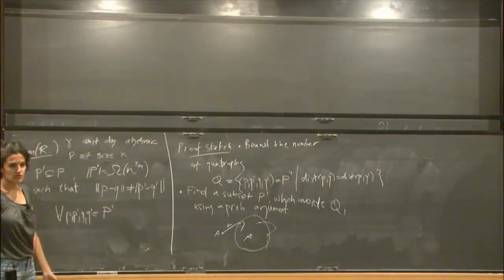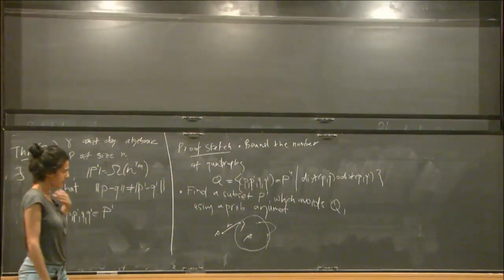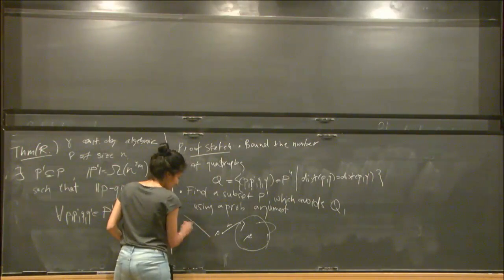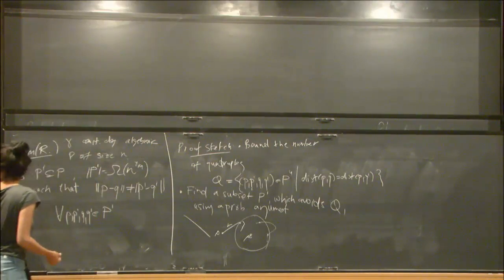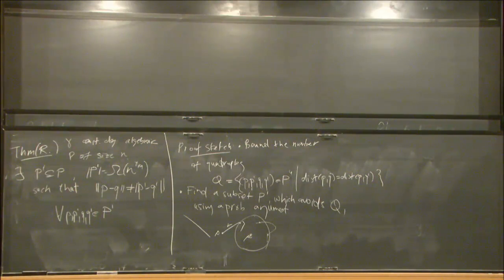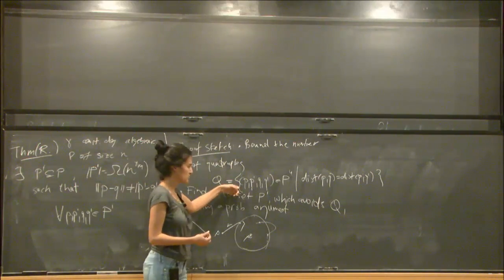But another thing we should note is that if, for example, gamma is a line, for example the x-axis, then it's exactly the situation here, and in this case we can have n cubed such quadruples.